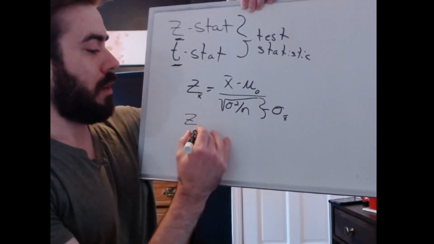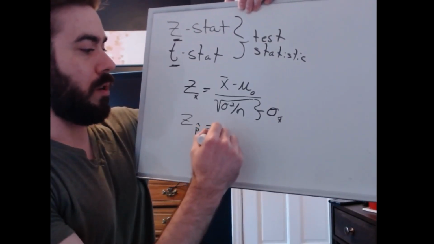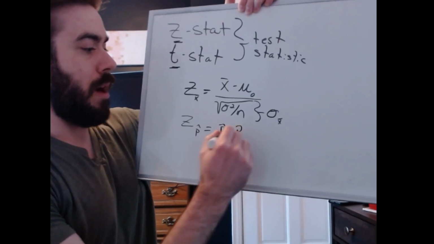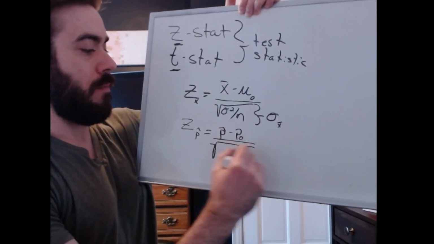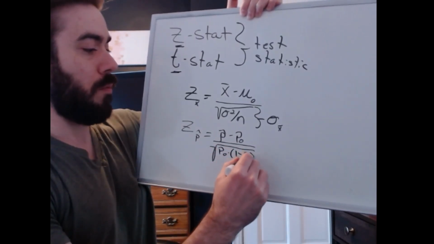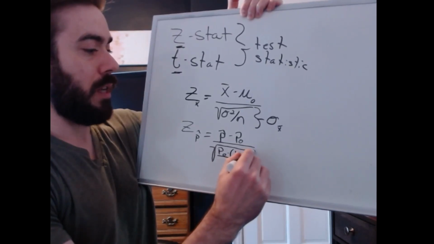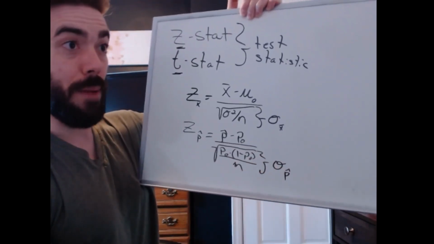The next one we had is if we were dealing with sample proportions, we took the sample proportion minus the assumed true proportion divided by the square root of the assumed true proportion times 1 minus the assumed true proportion over our sample size, where the denominator here represented the standard deviation of our sample proportions.